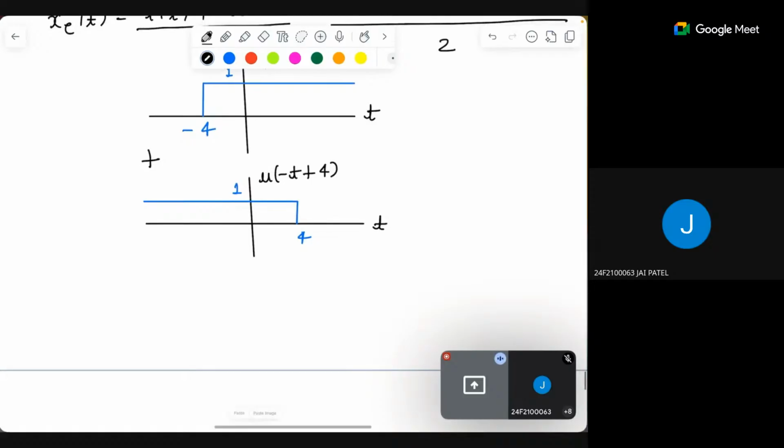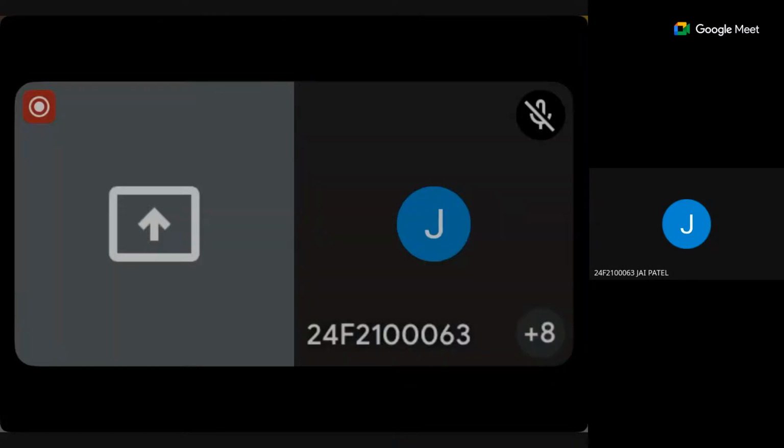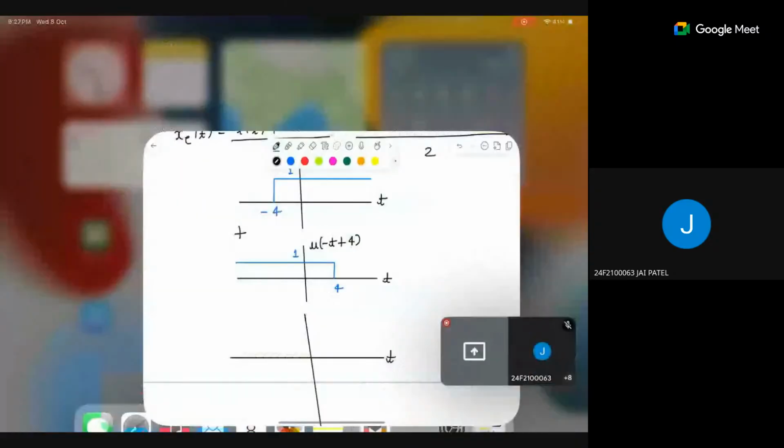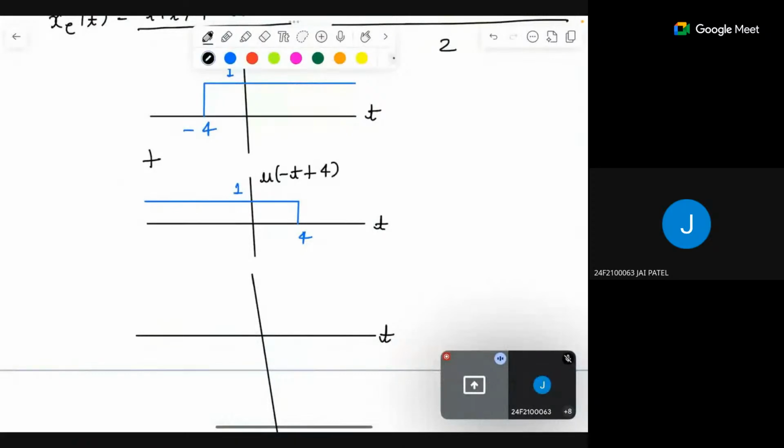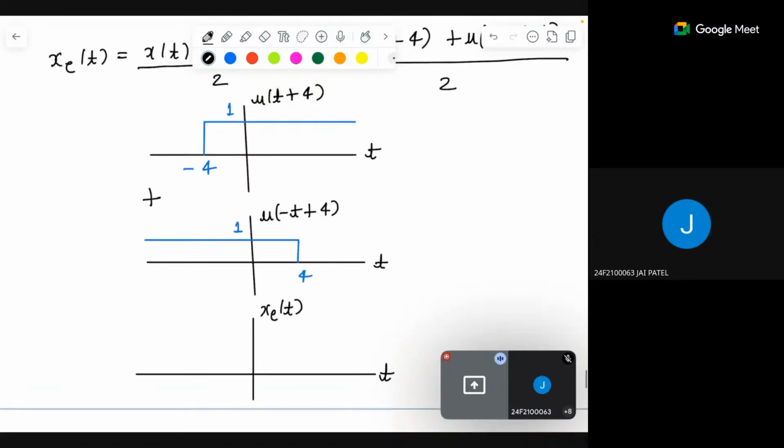So let us observe it. My screen is visible and am I audible? Okay, so this is x even of t. I want to add these two signals. Let us observe the time before minus 4.